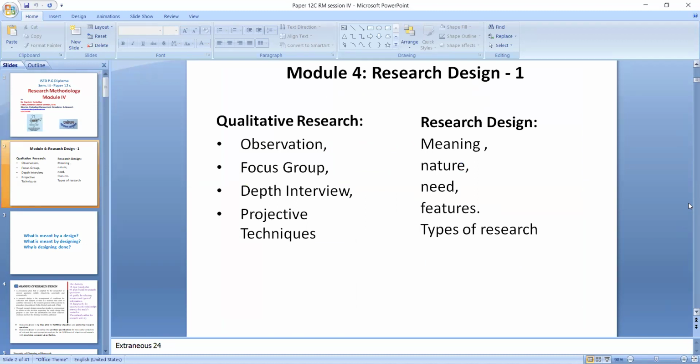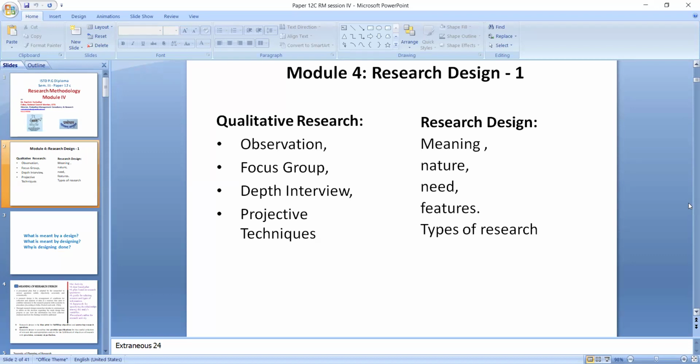So this is module 4, and modules 4 and 5 are on research design. Module 4 is research design 1, module 5 is research design 2. This design is about qualitative research. Next design is about quantitative research.